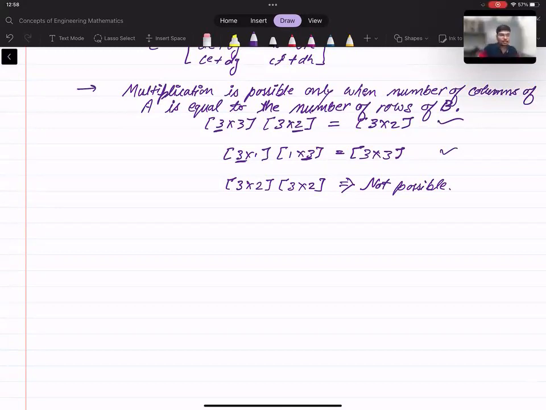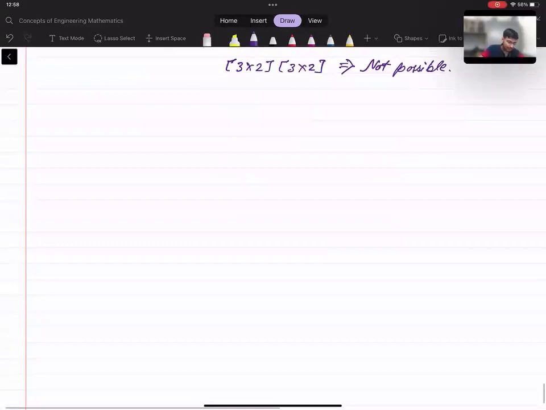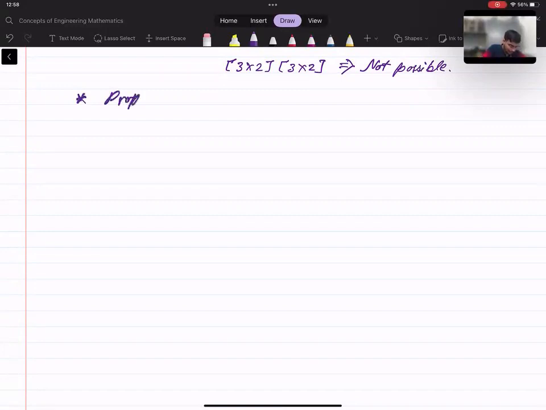Before we solve the example, let us see some of the properties of matrix multiplication.